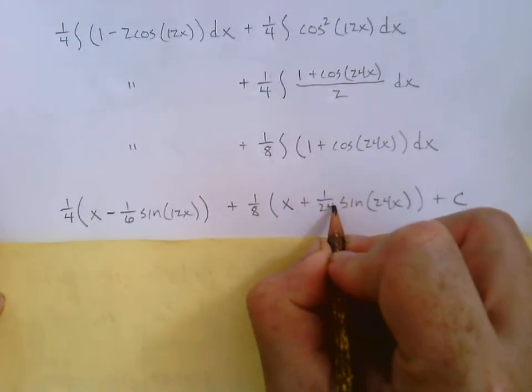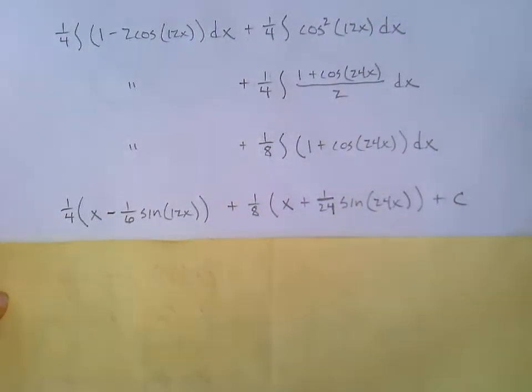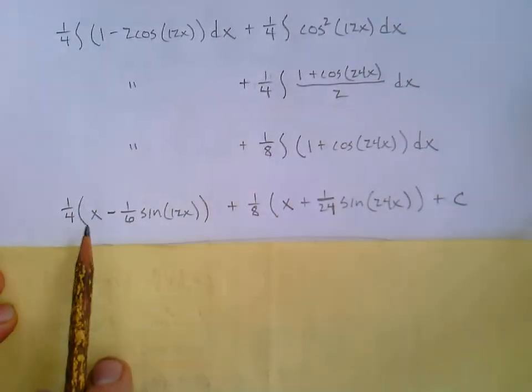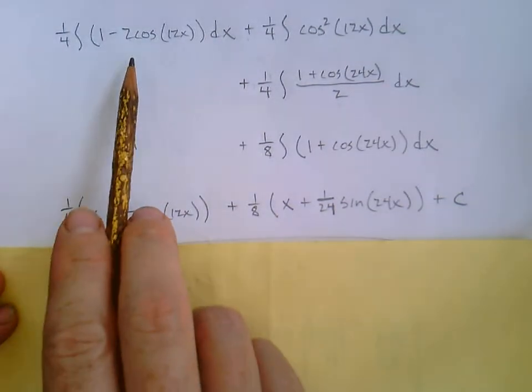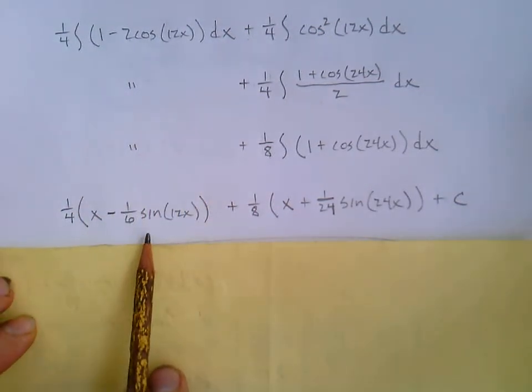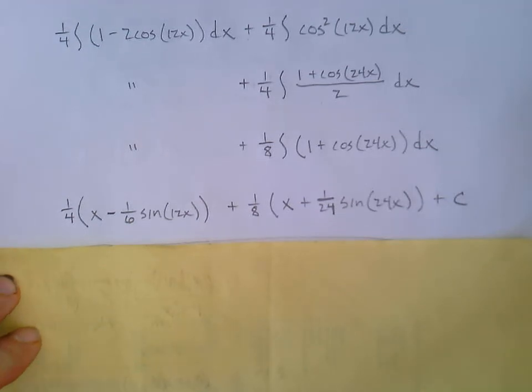And I know I'm definitely talking too fast now because there's a lot to write. Okay, so I'm leaving the 1/4. Antiderivative of 1, of course, is x. Antiderivative of 2 cosine 12x would be this. So you could use a u substitution here.